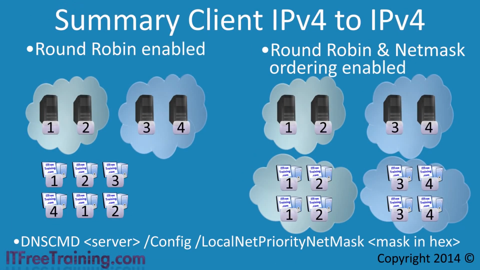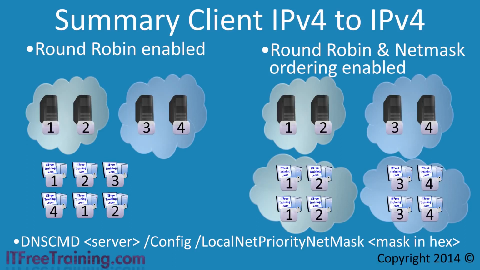There has been a lot covered in this video, so I will go through a quick summary of the main points. If you have a client with an IP4 address querying a DNS server with IP4 records, the following will occur. With Round Robin enabled and Netmask Ordering disabled, the DNS server will cycle through the available DNS records on the server regardless of which network the client and the DNS records are on.